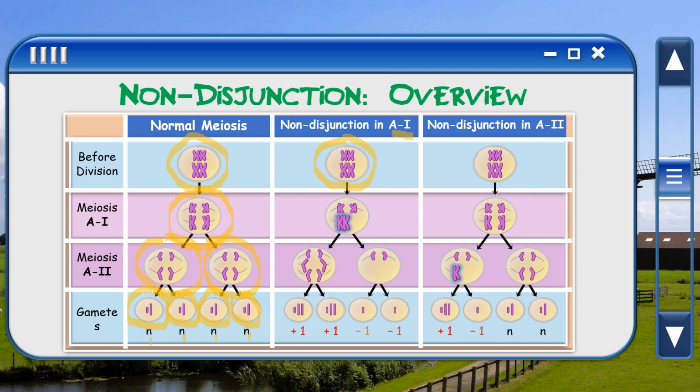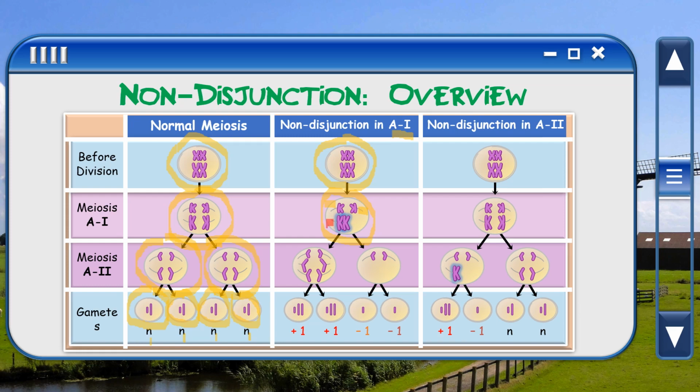Now, when we come to anaphase 1, there is our non-disjunction. We can see that these chromosomes here are separating. This one is going this way, and this one is going this way. But when you come to this second pair of homologous chromosomes, they refuse to separate. All of them go on one side.